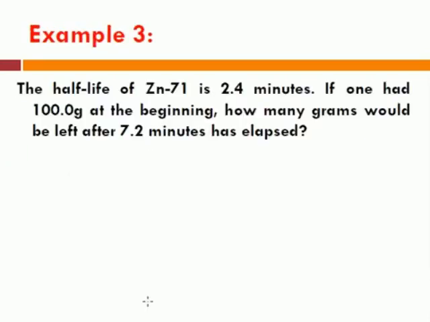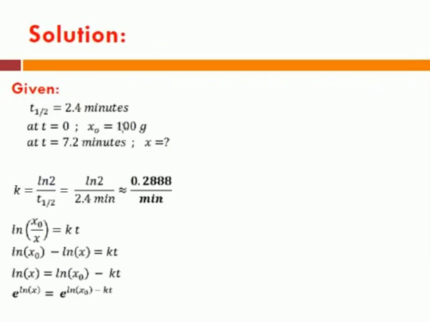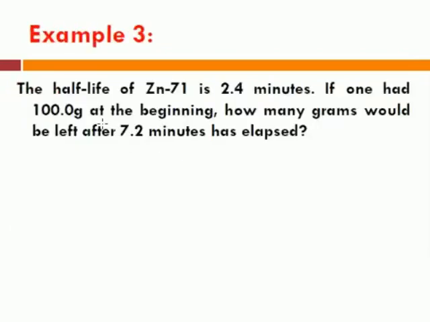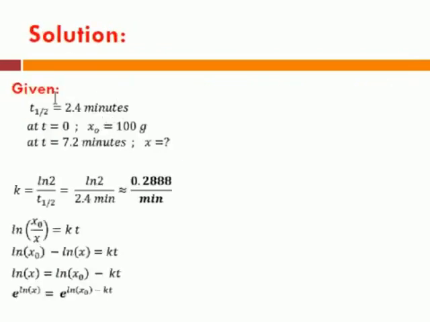So let's proceed with problem number 3. The half-life of zinc 71 is 2.4 minutes. If one had 100 grams at the beginning, how many grams would be left after 7.2 minutes has elapsed? The half-life of zinc 71 is given, 2.4 minutes.